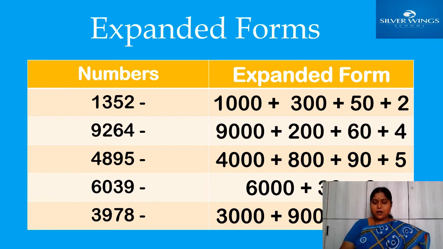Once again, the expanded form of a number is the sum of place values of each digit of the number.